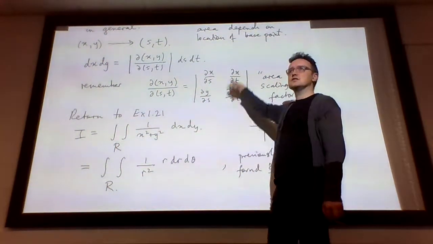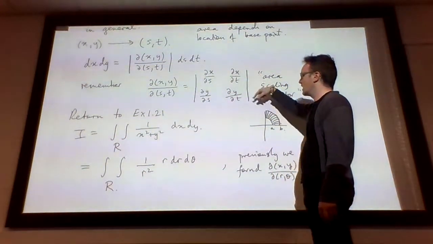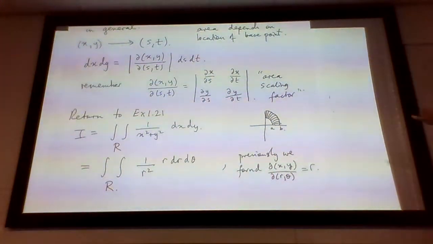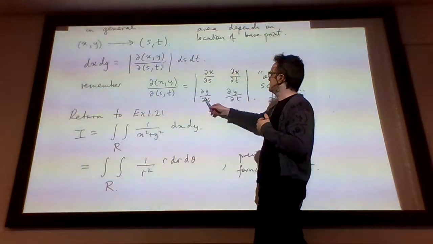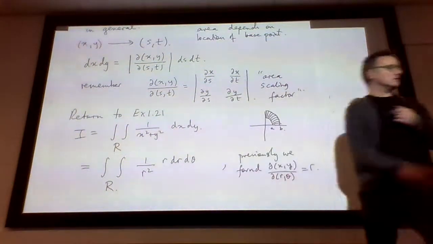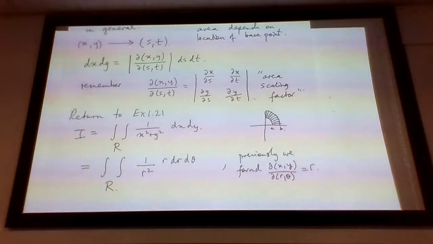So when you do the determinant, it's r cosine squared plus r sine squared. The r's are in the second column, and there's no r's in the first column. Anyway, whatever it is, look back and find it.